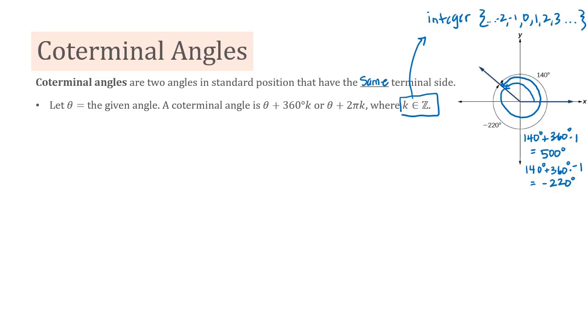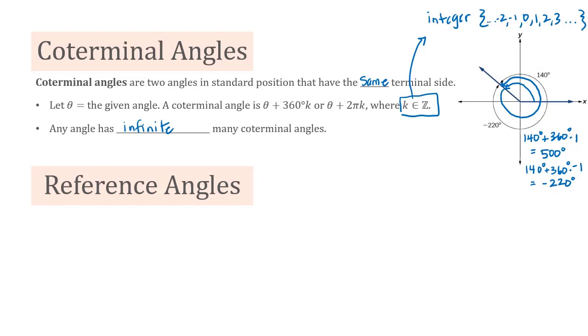Of course, if we're in radians, then we are dealing with 2 pi as our rotation. Now, because we can keep adding and subtracting over and over again, an angle has infinitely many coterminal angles.